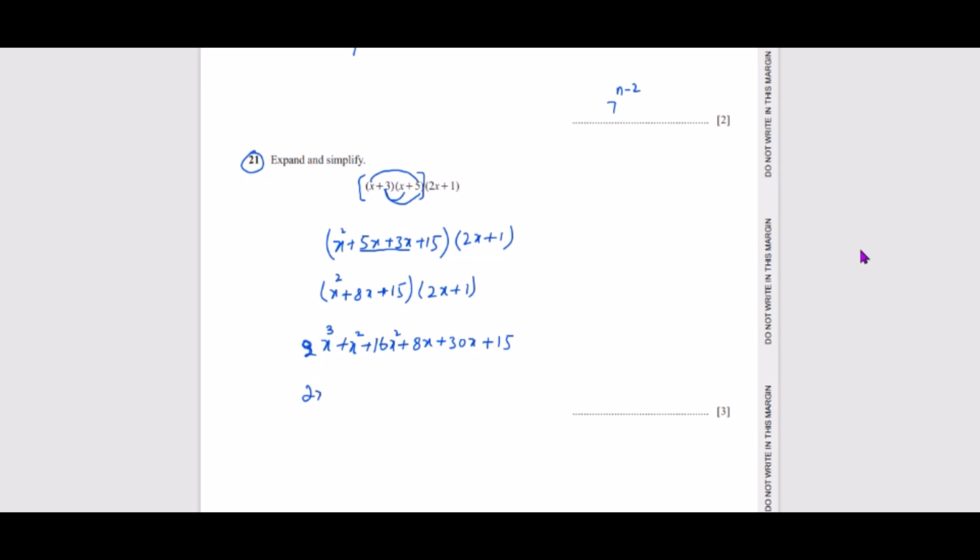So 2x cube, sum of these values, that is equal to 17x square. Add these values, that is equal to 38x plus 15. This is our final answer.